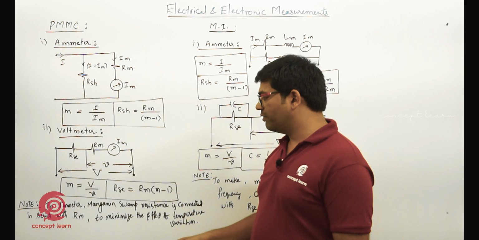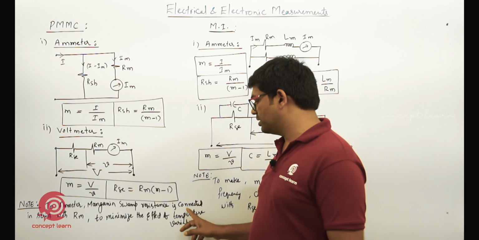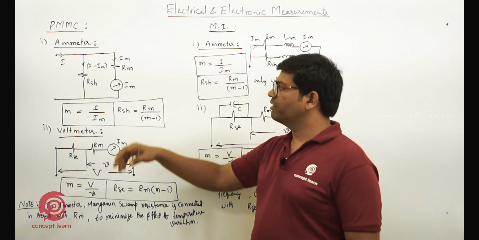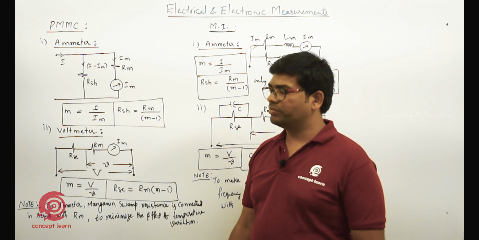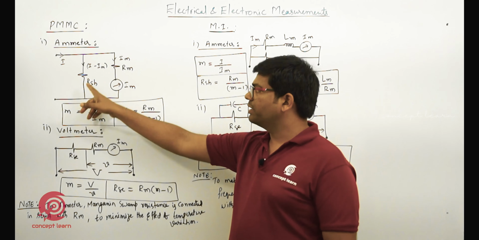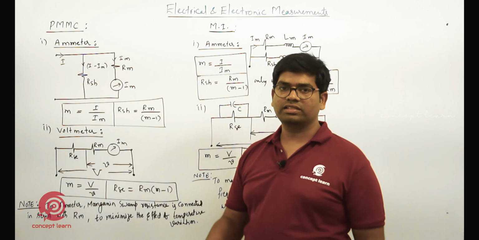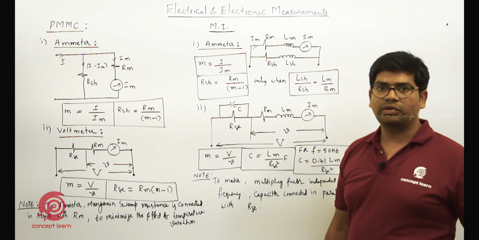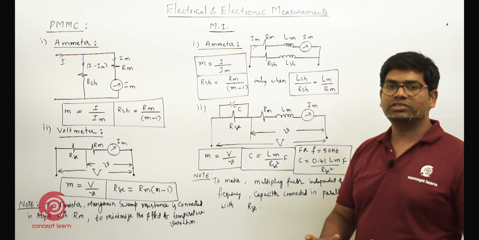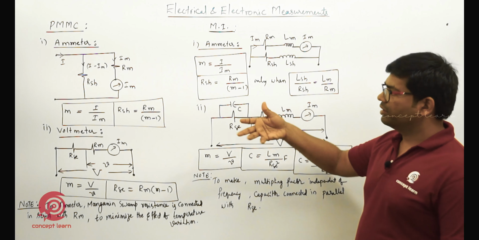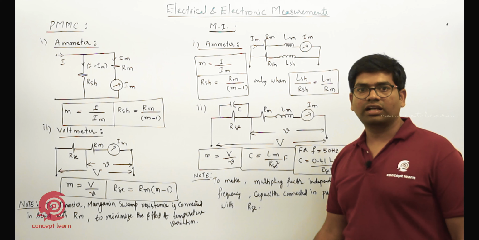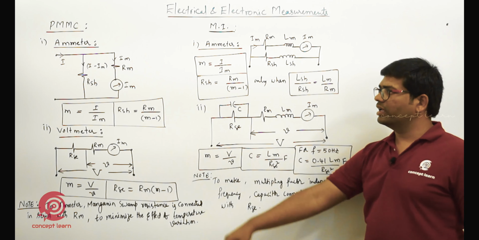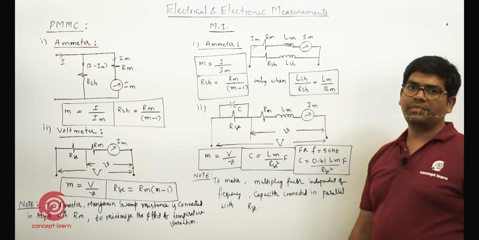In the ammeter we need a manganin swamp resistance, connected in series with the meter to minimize the effect of temperature variation. Basically both Rm and Rsc, the shunt resistance, are generally manufactured from manganin material. We use manganin in designing both the shunt resistance as well as the series resistance. So these are the relations for PMMC ammeter and voltmeter.